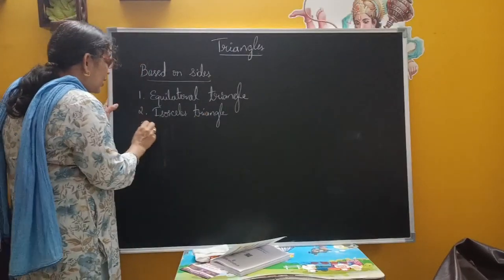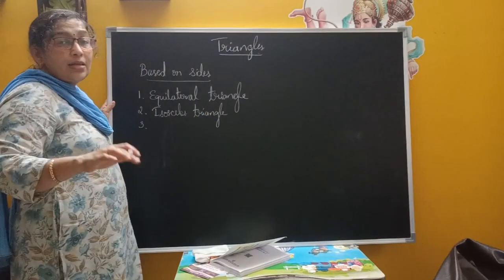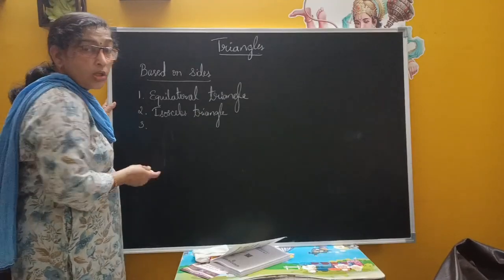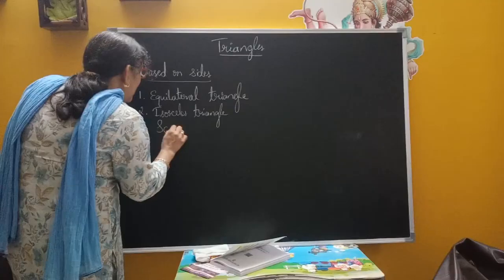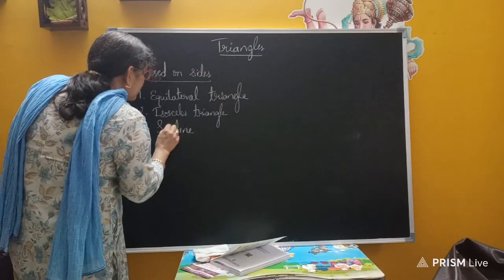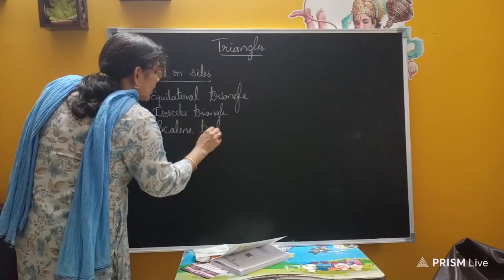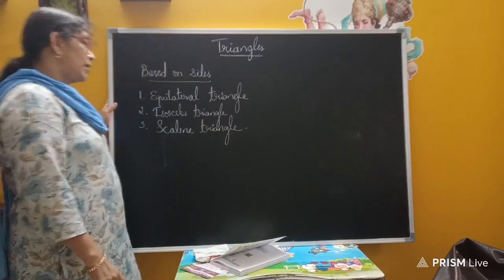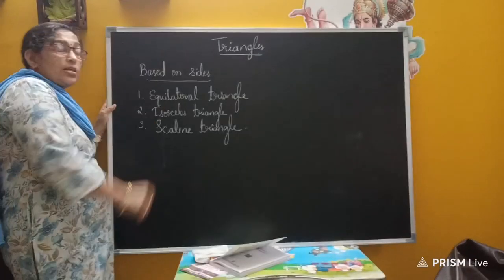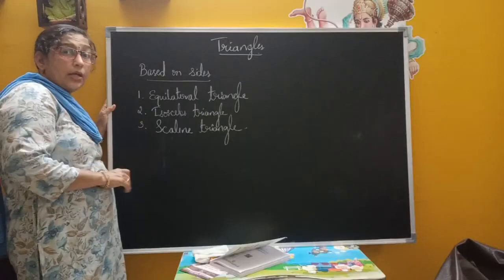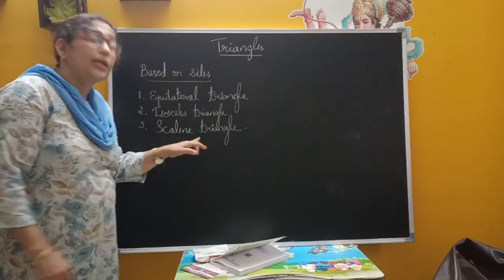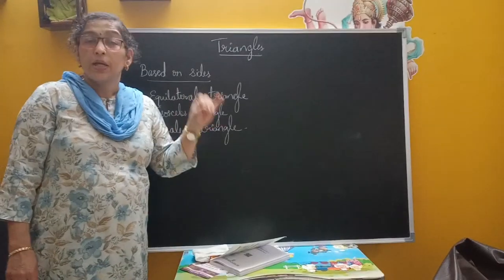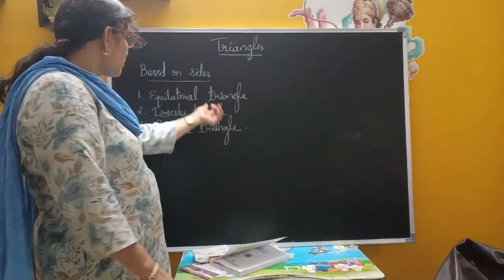And in a triangle, if all three sides are unequal or of different measures, then we call it a scalene triangle. So, equilateral triangle, all three sides are equal. Isosceles triangle, only two sides are equal. And scalene triangle, all three sides have different measures.